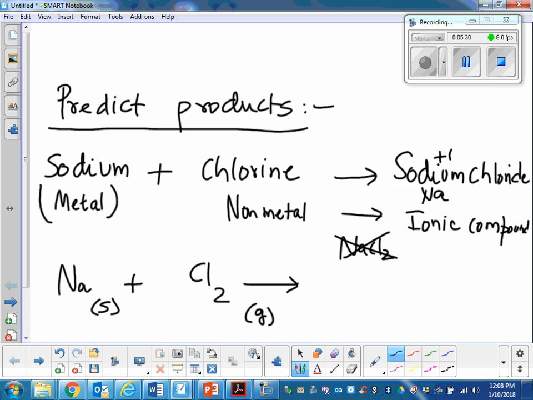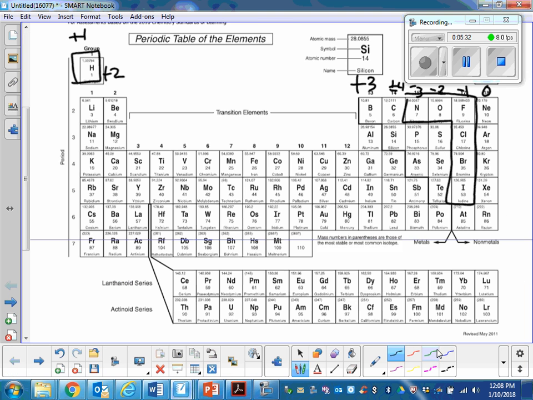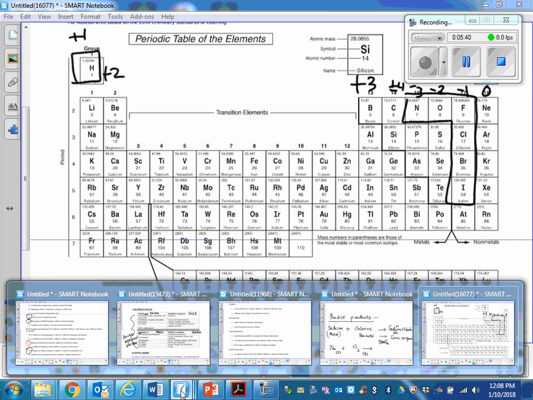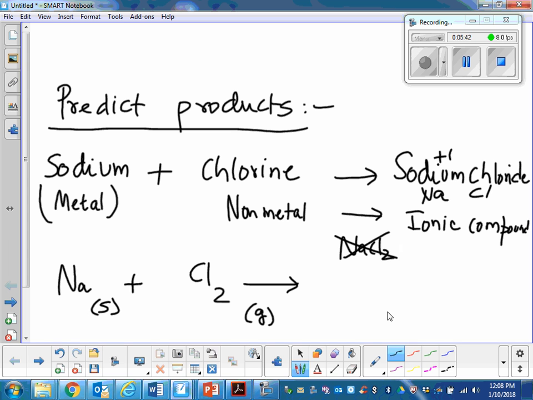If you look at the pattern, what does it say? Chlorine is a -1. So therefore, what is the formula for sodium chloride? NaCl. Alright? And all ionic compounds are generally solids.